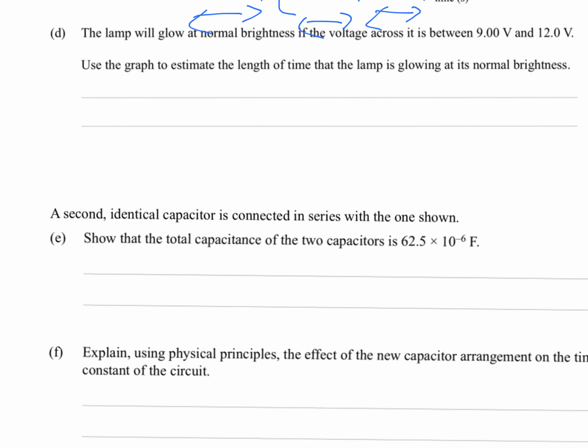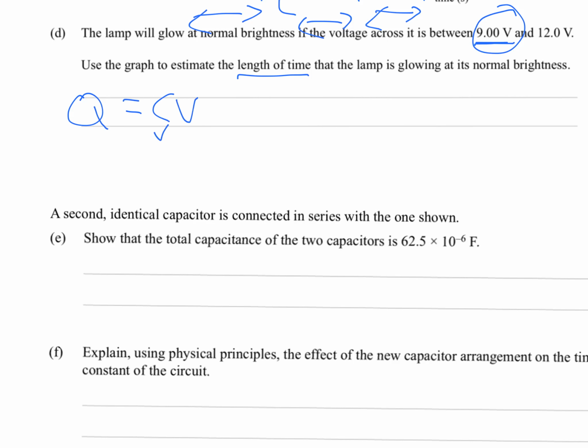D. The lamp will glow at normal brightness if the voltage across it is between 9 and 12 volts. So 12 volts is the maximum, which it would start off with, and it's going to drop, and at some point it'll drop below that 9 volt value. Use the graph to estimate the length of time that the lamp is glowing at its normal brightness. Okay, so we have to find the charge level, since our graph is in charge, using Q equals CV.